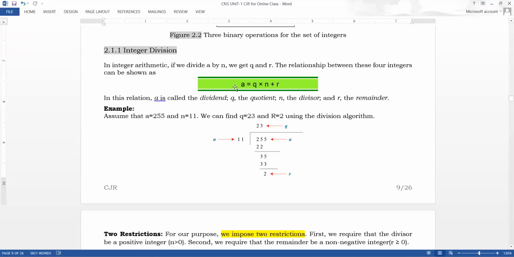So if you make a formula with them, then a = q × n + r. For example, I have taken 255 as the number and I am dividing with 11. After dividing, I got quotient as 23 and remainder as 2.